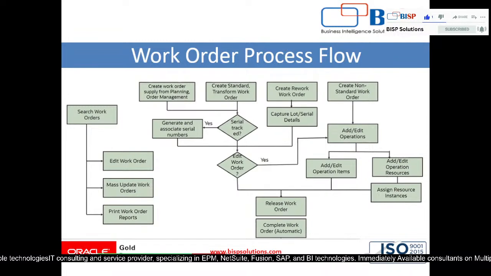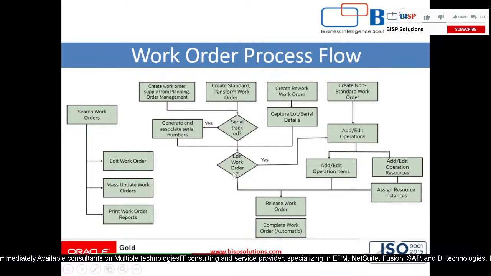And once you release the work order, it is ready to execute against. Once you have completed the last unit, the work order will automatically complete, and when you are satisfied that all transactions are done, you can close your work order in the application, right? So start from creating the work order, right? And you can track the serial number.